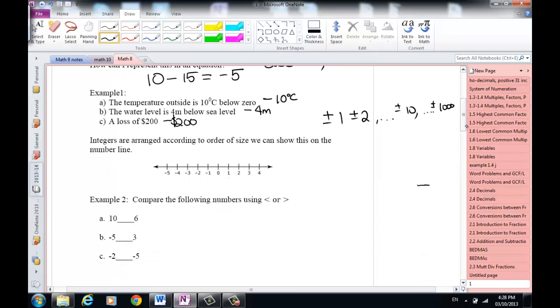So for example, if you were asked to arrange -5 and 3 on the number line, then you would say, oh okay, well the number -5 is over here, the number 3 is over there. The thing with number lines is that we always have a 0 in the middle, and this side is always going to be positive numbers, and this side will always be our negative numbers.